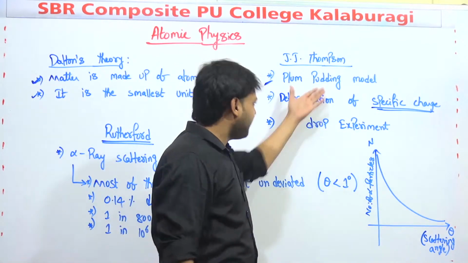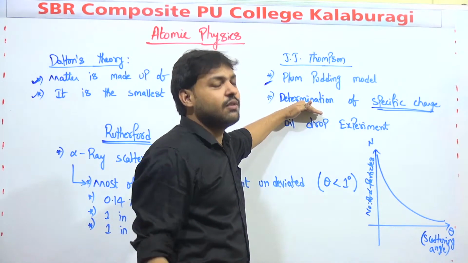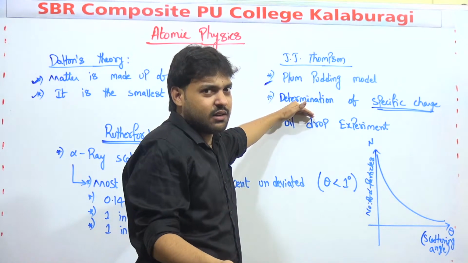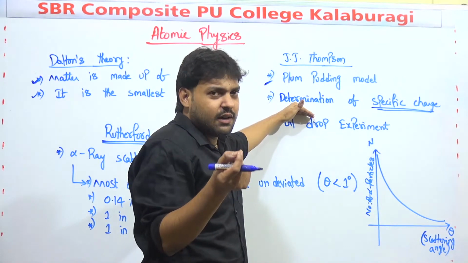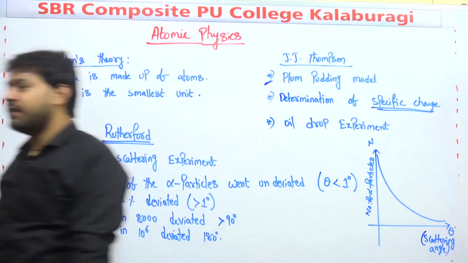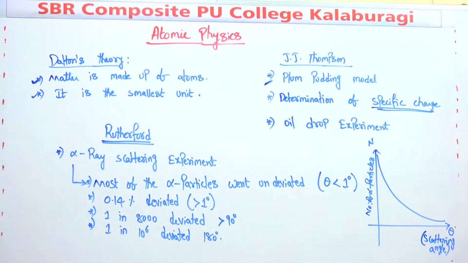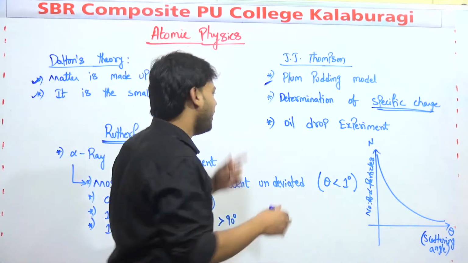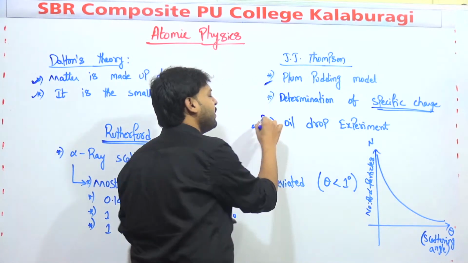He gave that the electron has a negative charge, but what is the value, the magnitude of that? He didn't give it. So how can we determine the magnitude of the charge?